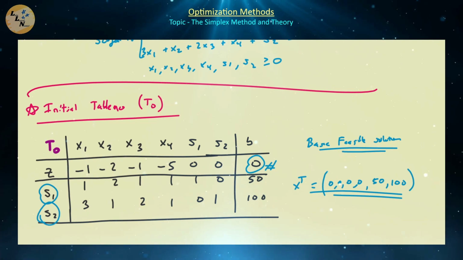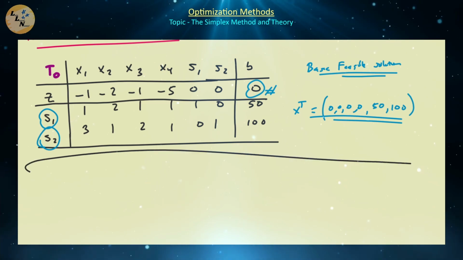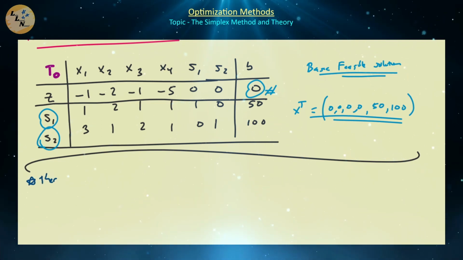So our goal is to find the optimal solution. We could plug in all of our basic feasible solutions and see which one is the greatest, but even then we're not guaranteed that the optimal solution is one of the basic feasible solutions. But if we wanted to start with that perspective, how many basic feasible solutions would we have to check? There are going to be at most, so this is going to be a combination.